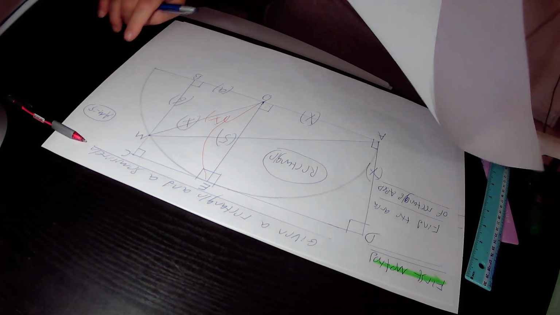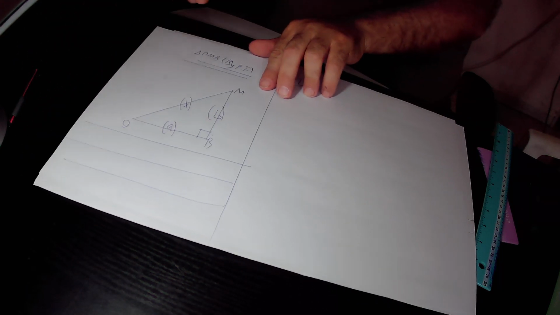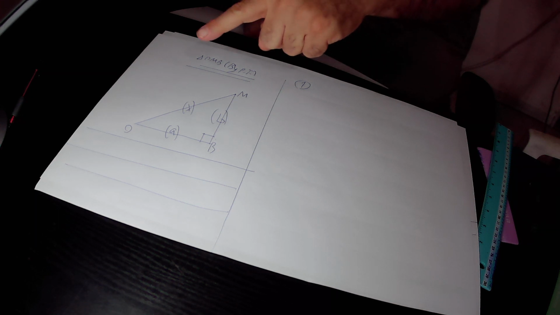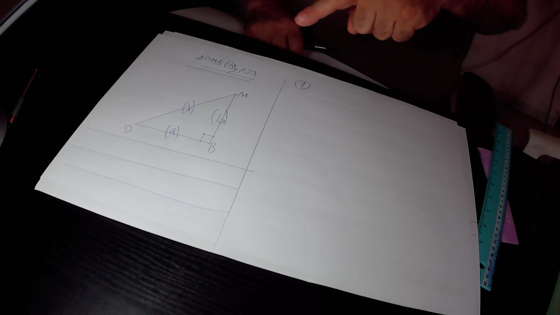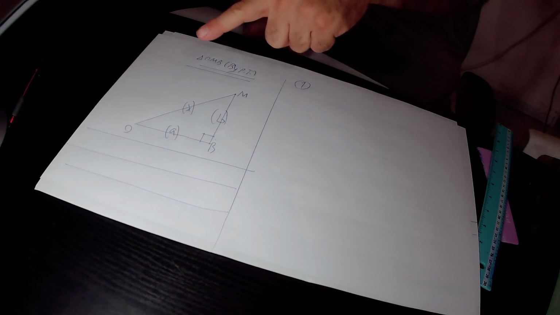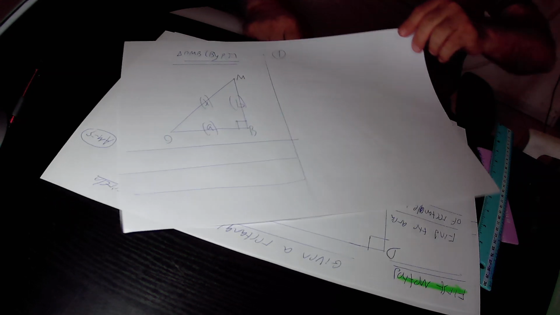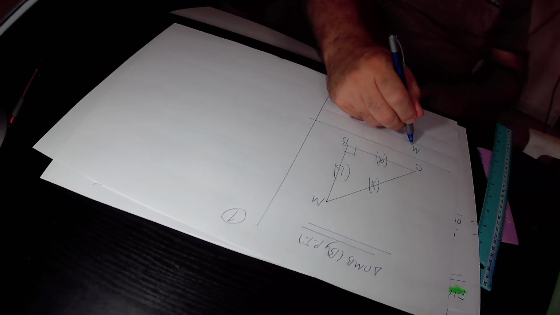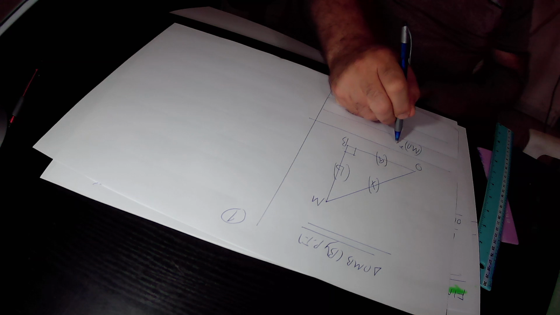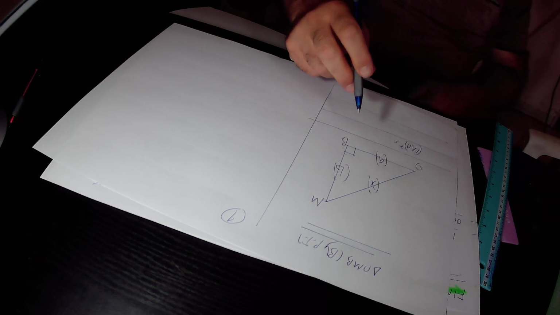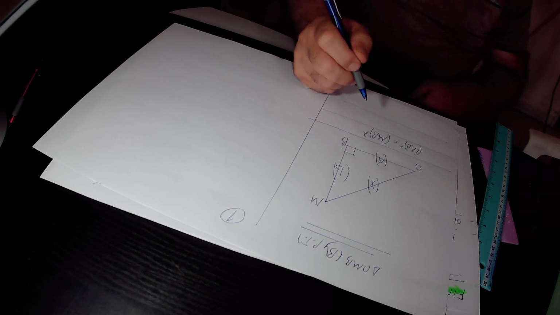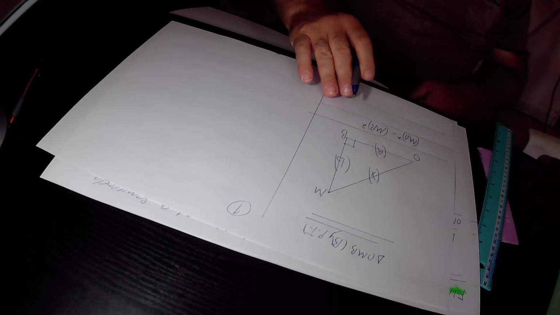So actually, this is the right triangle OMB that I copied from the original drawing. In this right triangle OMB, according to the Pythagoras theorem, MO squared, that is the square of the hypotenuse, equals MB squared plus BO squared. So I write it down. MO squared, that is the square of the hypotenuse, is equal to MB squared plus BO squared.